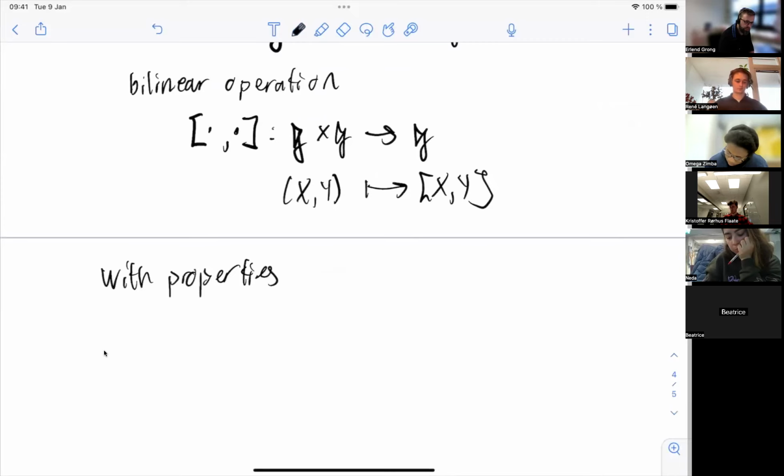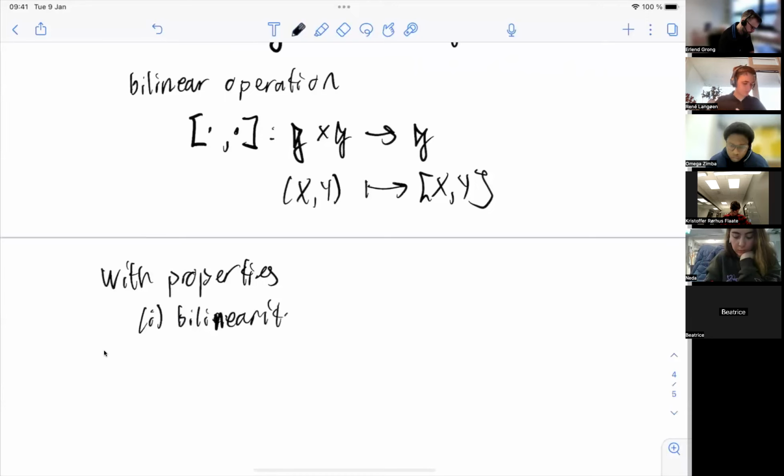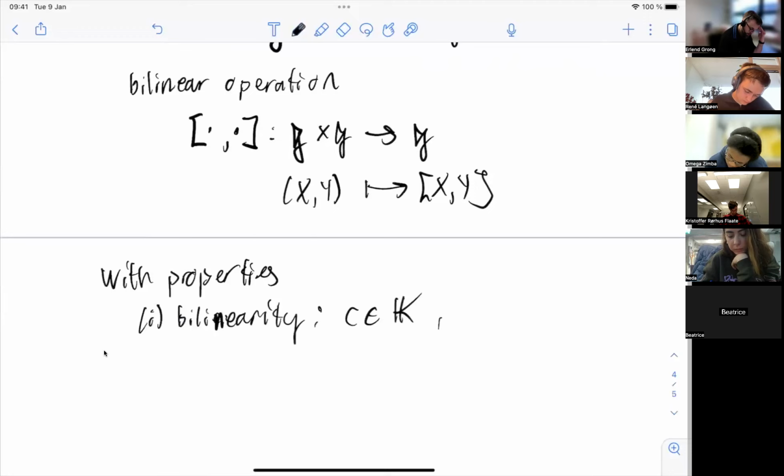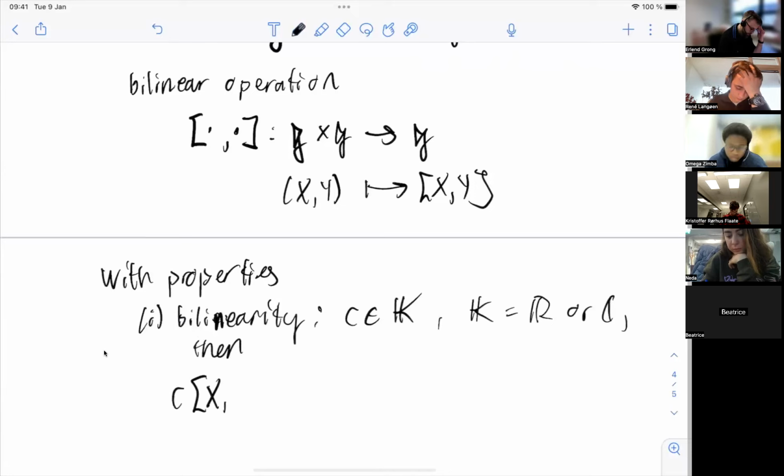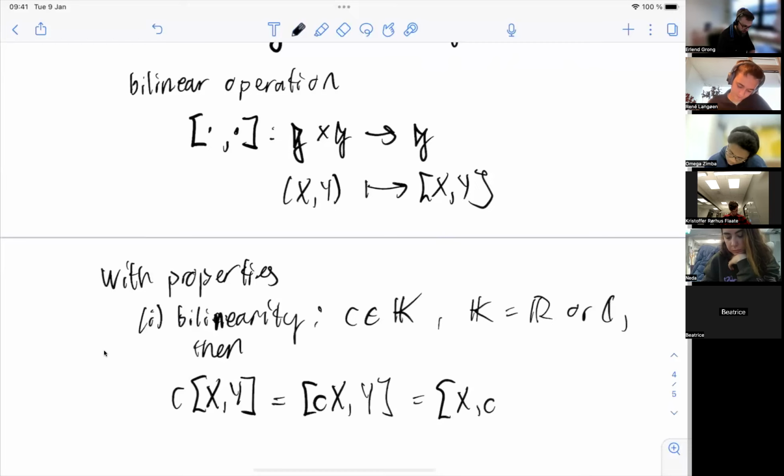So as I said, bilinearity: if you have a constant c in your field K, where K is R or C, then multiplying the bracket with the scalar is the same as multiplying with the scalar in x, which is the same as multiplying with the scalar in y.